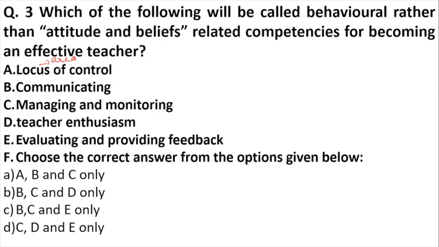So locus of control, or communicating, managing and monitoring, teachers' enthusiasm, or evaluating and providing feedback. So which is called behavioral? Behavioral is your communicating, managing and monitoring, and teachers' enthusiasm. So this is behavioral. The right answer is B, C, and E.